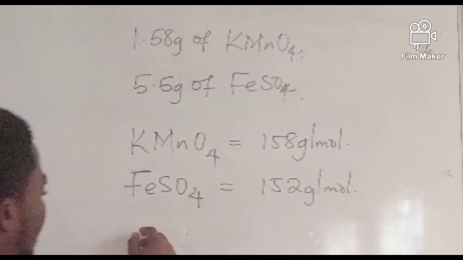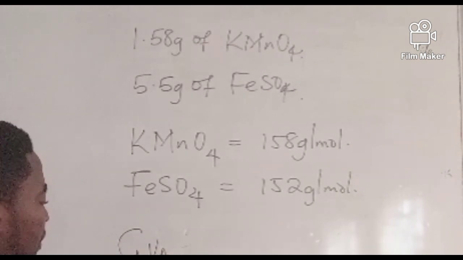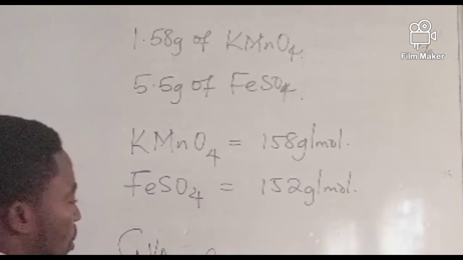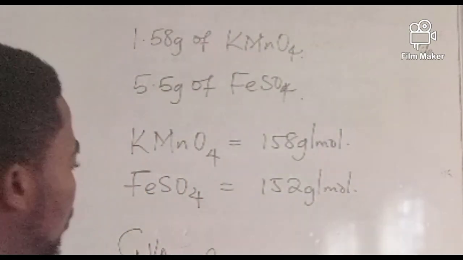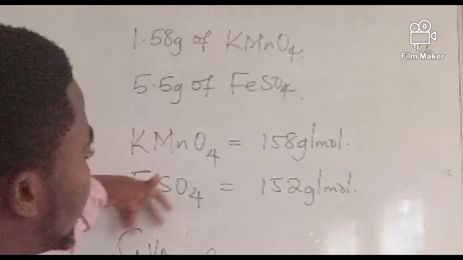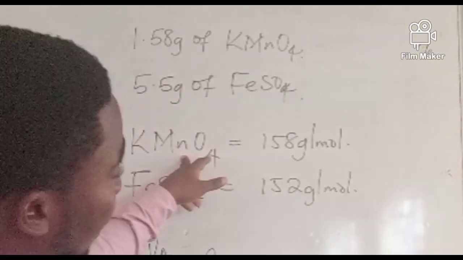Okay, so now don't forget the popular formula, which is CAVA over CBVB is equal to NA over NB. So from here, we can substitute the values for our CA. The CA is the concentration of the oxidizing agent.